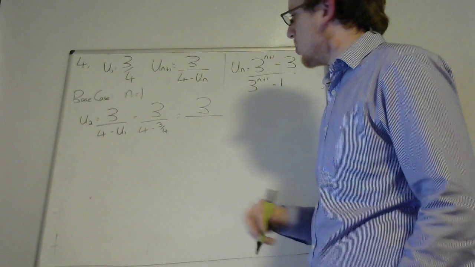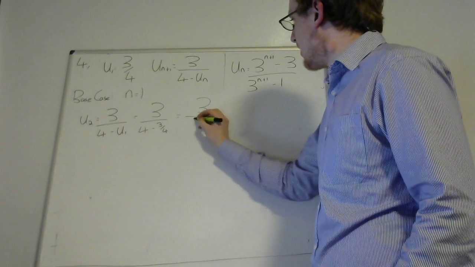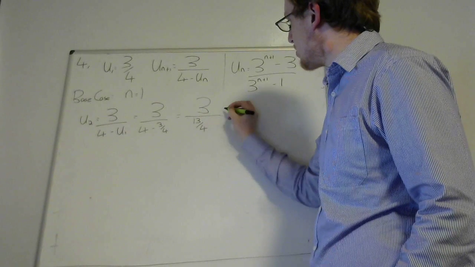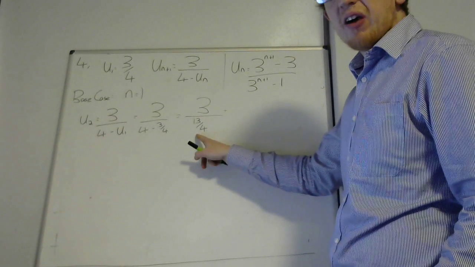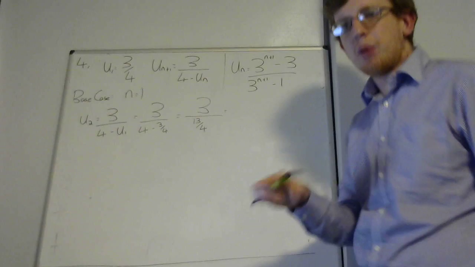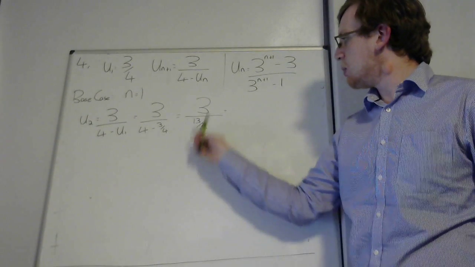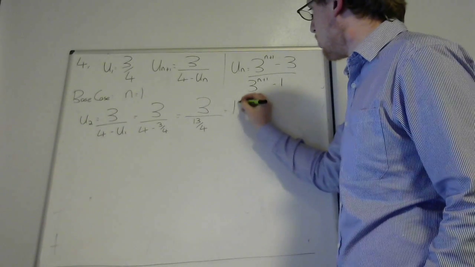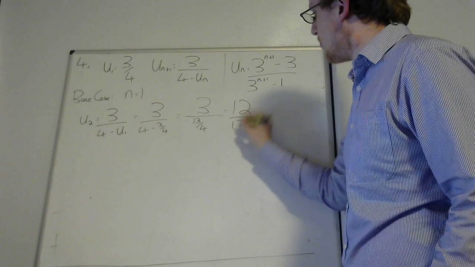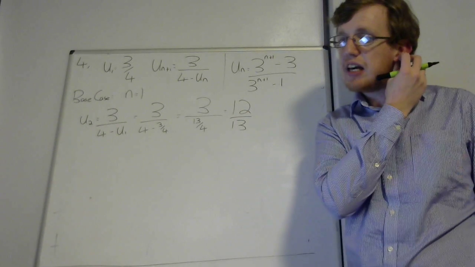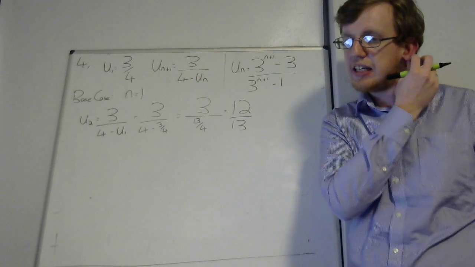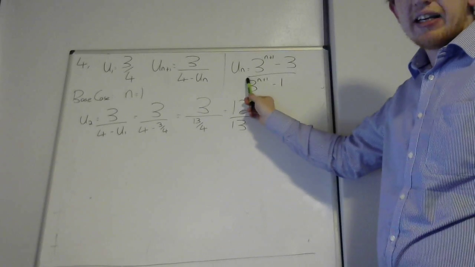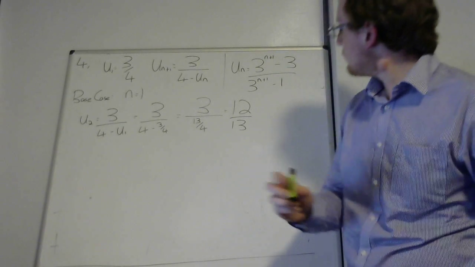So 16/4 minus 3/4 gives us 13/4. And when we divide by a fraction, it's the same as multiplying by that fraction upside down. So we multiply by 4 to give us 12, and we divide by 13. So the second term is 12/13, and I'm now going to prove that that equals this when n equals 1.